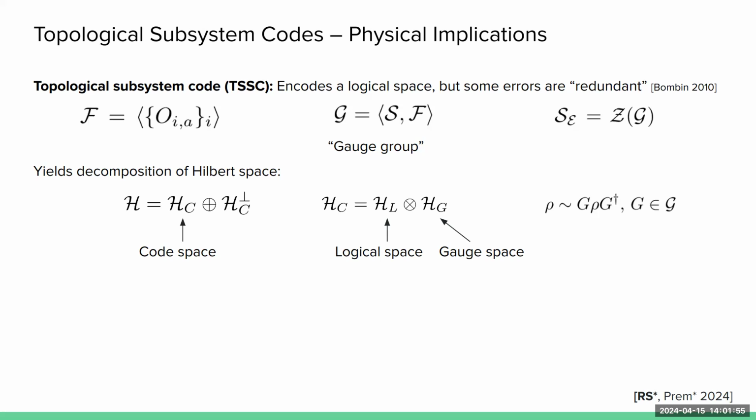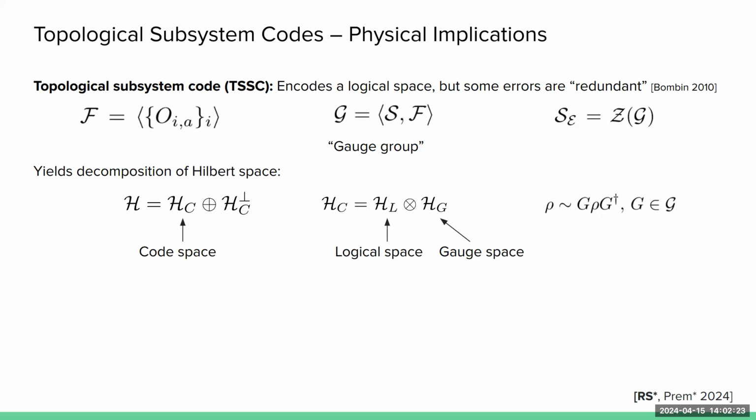The gist is that as in a stabilizer code, there's a splitting of the Hilbert space into this code space specified by the stabilizer group. But the choice of this gauge group further splits the code space into something called the logical space, where we store information, and something called the gauge space, which is induced by this equivalence relation. So physically, what you want to think about is that in the original parent topological order, we had some set of logical operators or Wilson loops and stabilizers, and after we do this decoherence, some of them are projected out.